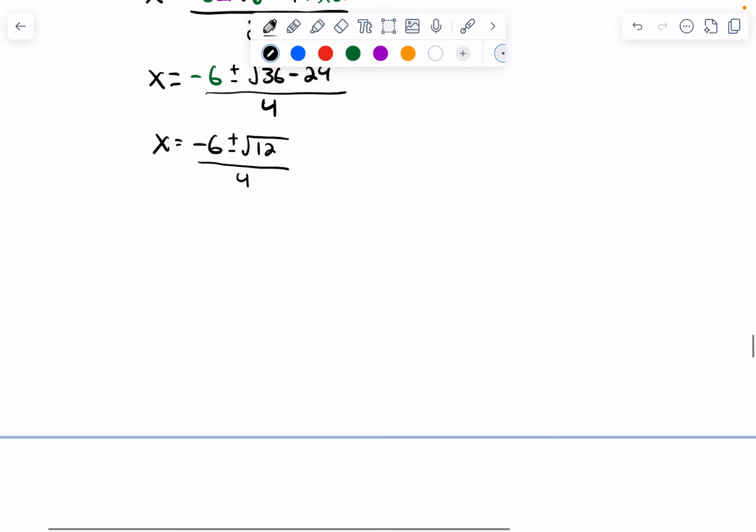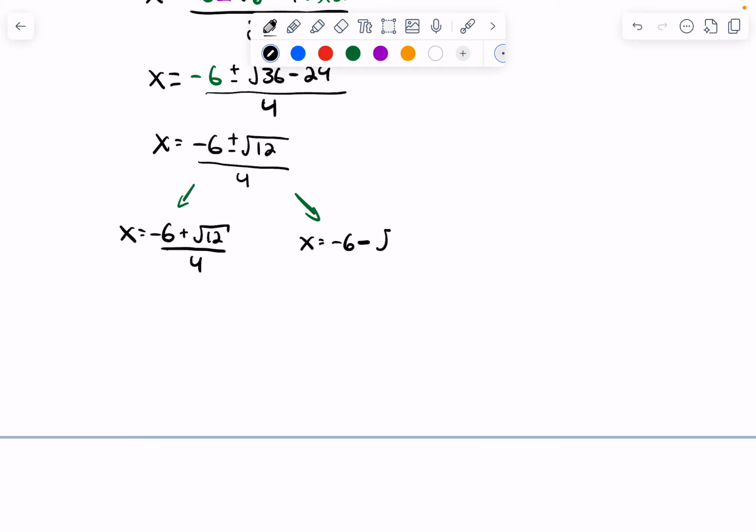Then you get one solution, x equals minus 6 plus the square root of 12 over 4, and the second solution, x equals minus 6 minus the square root of 12 over 4.